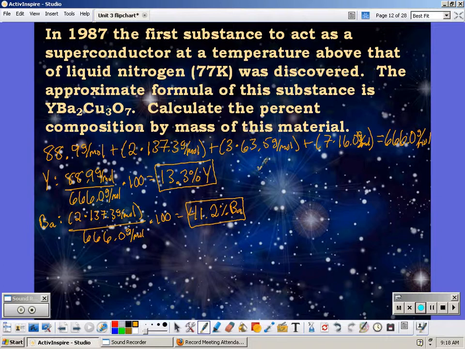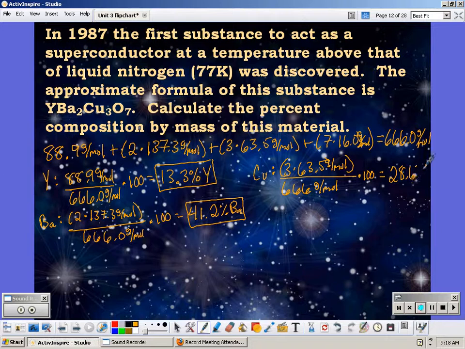Same thing with the copper. We had 3 coppers, so we'd say 3 times 63.5 grams per mole divided by 666 grams per mole times 100.